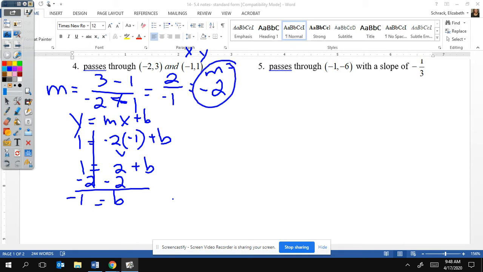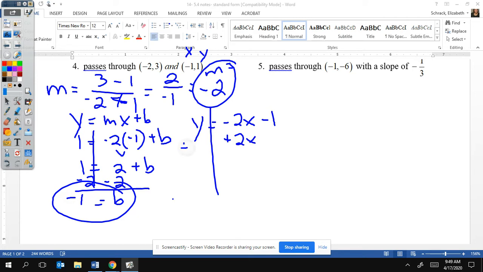Now that we have an m and a b, I'm going to write the equation in slope-intercept form and then change it into standard form. So y equals -2x minus 1. From here, because there are no fractions, we just need to move the -2x to the left side with the y by adding 2x to both sides.